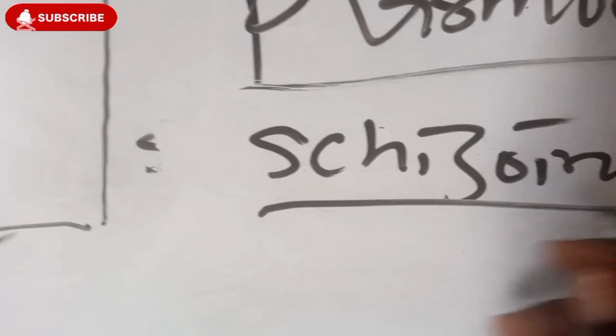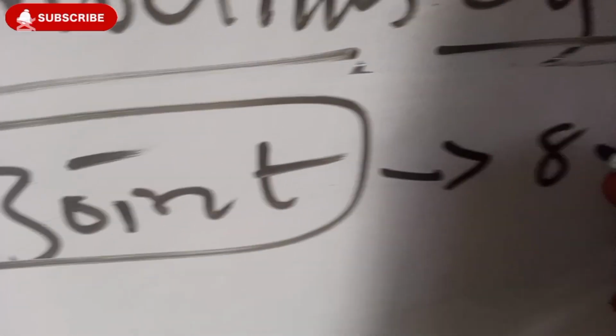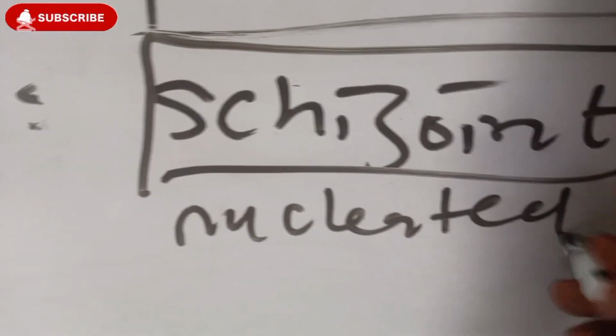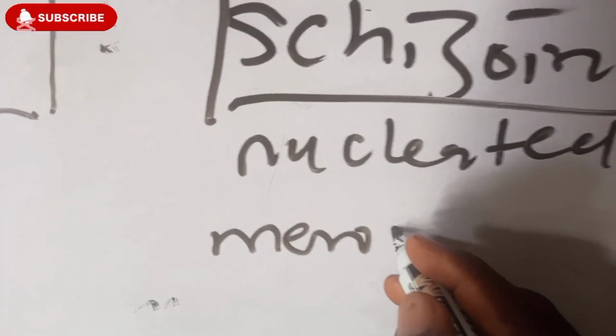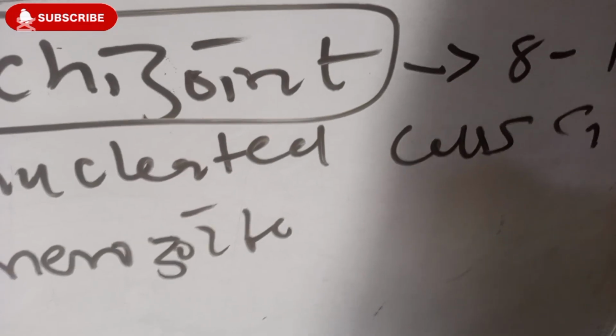In this schizoid stage, the schizoids start dividing again into 8 to 12 nucleated cells called merozoites again. So they keep on dividing.